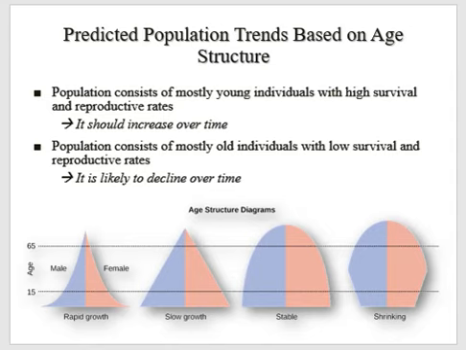So if a population consists mostly of young individuals, most of those individuals have a high survival and reproductive rate, then you would predict that that population would likely increase over time, because those individuals make up the majority of the population, and since they have a high survival rate, they will continue to live a certain number of years, or they have a higher probability of living a longer number of years following that moment in time.